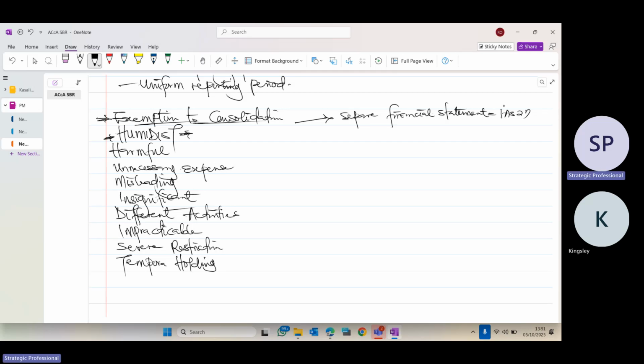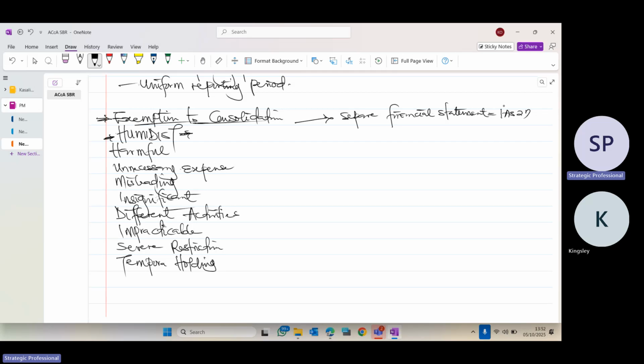Where it says that it will result in some unnecessary expense, a high cost for the company, which does not meet the cost-benefit test, then it's also exempted. Where it says that the activities of the subsidiary will be misleading the users of the financial information, then do not consolidate. Where you see that it is really not necessary to consolidate, as a result of a reason or the other, you are exempted.